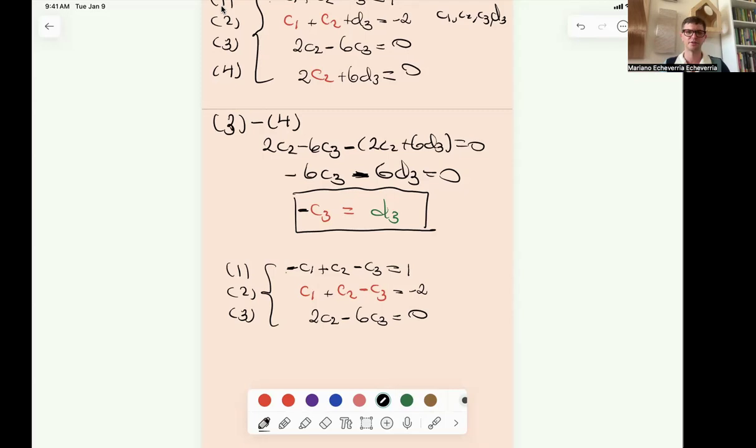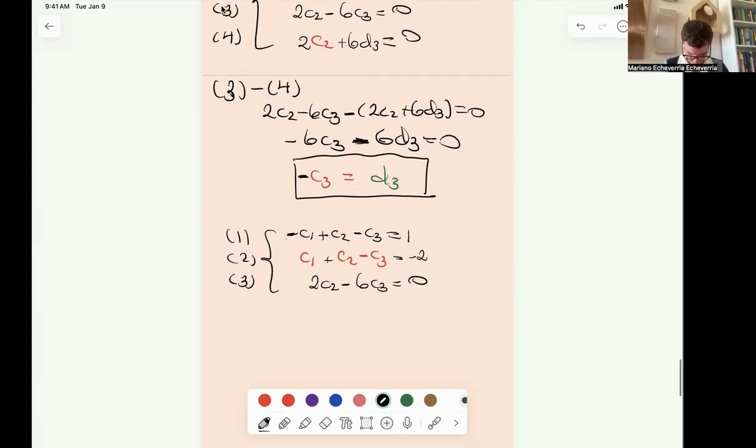And then the others are not too bad. We're almost at the end. This is not too bad to solve either. What would be the easiest thing that you could do? You can solve for C2. That's what I would do first. You can say that C2 is 3C3 from equation 3.